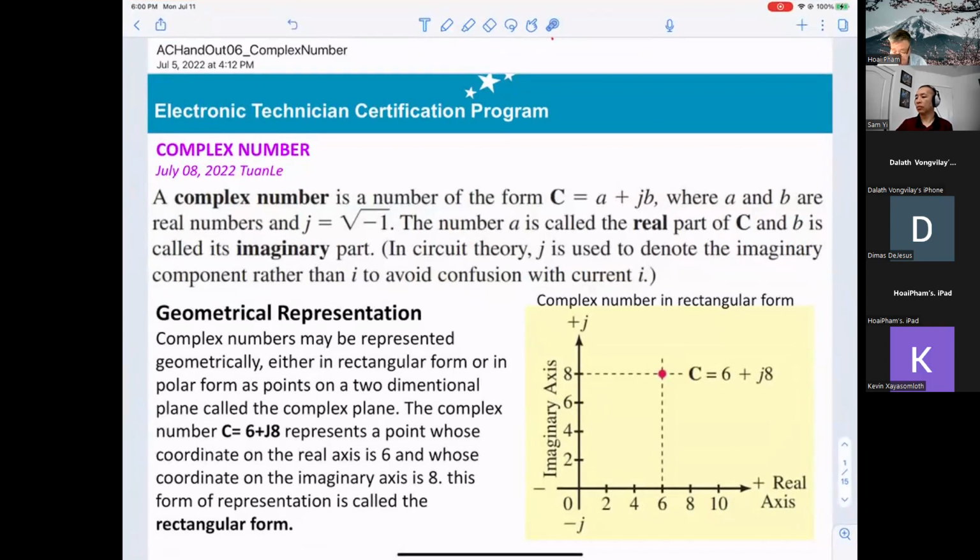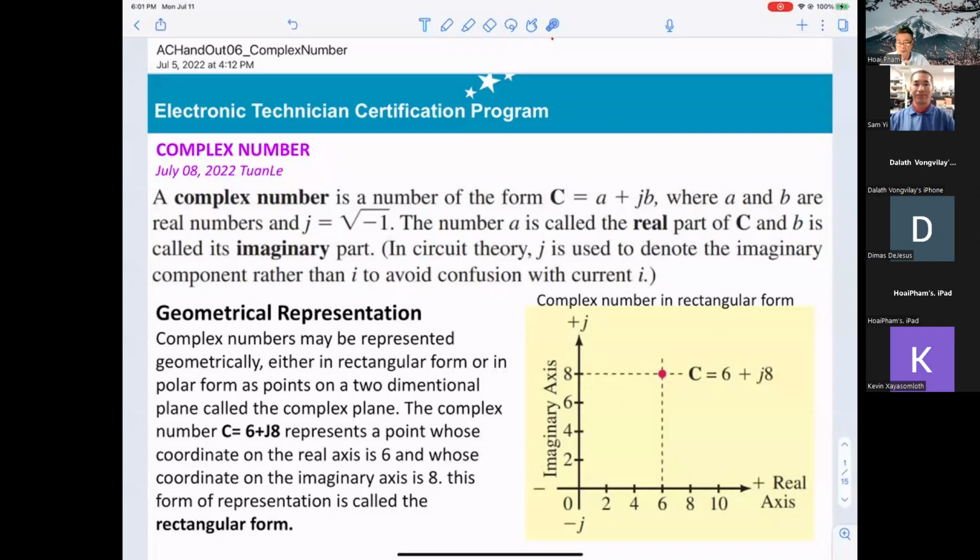Okay, so we are already done with the RCL circuit. The important thing is that for an RC circuit, the current IC will be leading VC by 90 degrees.